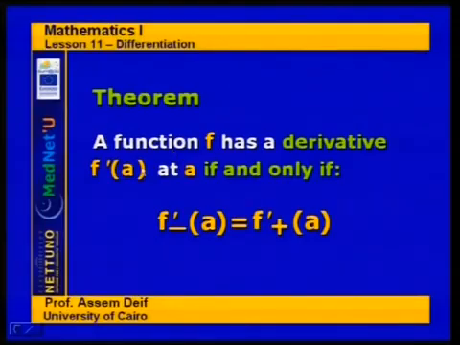So in fact, provided that both limits exist, we say that the function is differentiable at the point a. So a function f has a derivative f prime at a if and only if the right hand derivative at a is equal to the left hand derivative at a. And this actually does not apply for the case when x equals 0 for the function f equal to mod x, yet it applies for any other x which is not 0, either positive or negative.